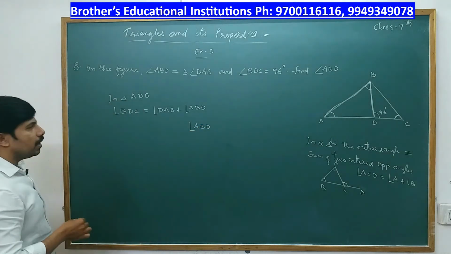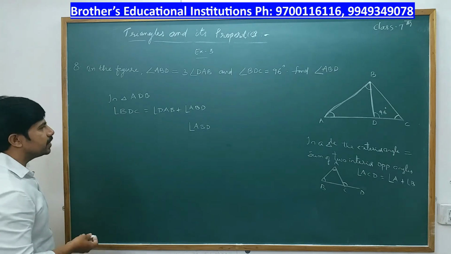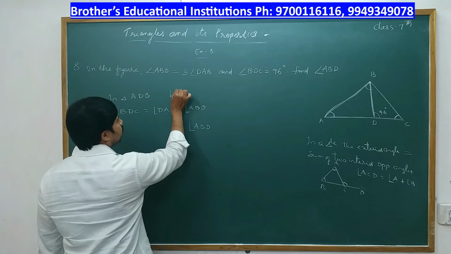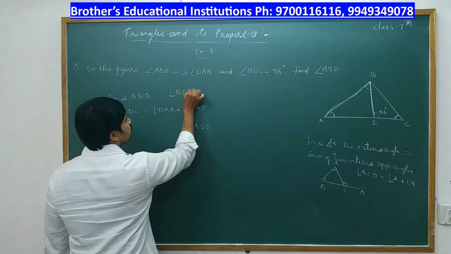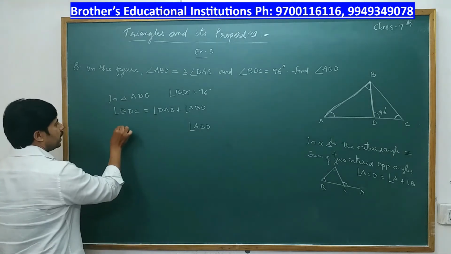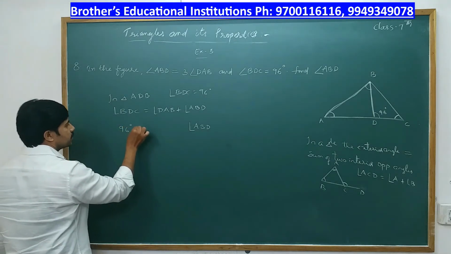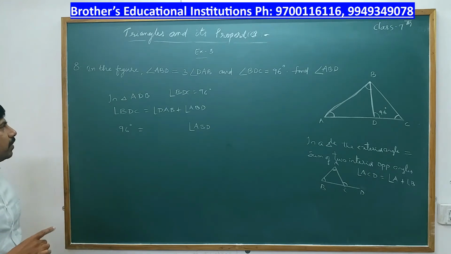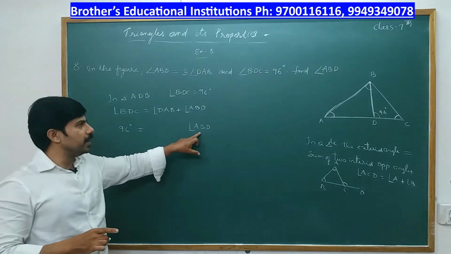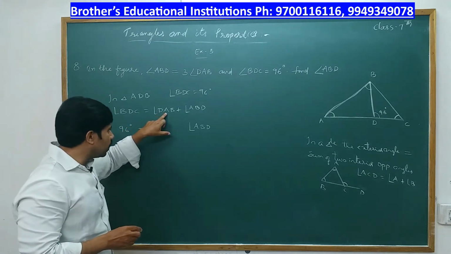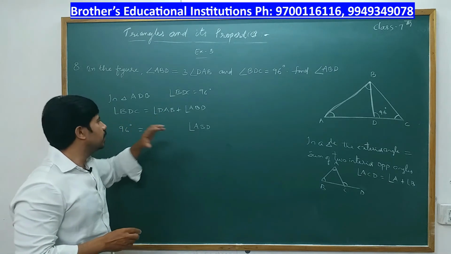What is angle BDC? BDC is given as 96 degrees. So BDC, 96 degrees, is equal to DAB plus ABD. Now this DAB we have to express in terms of ABD, because we need to find out ABD.